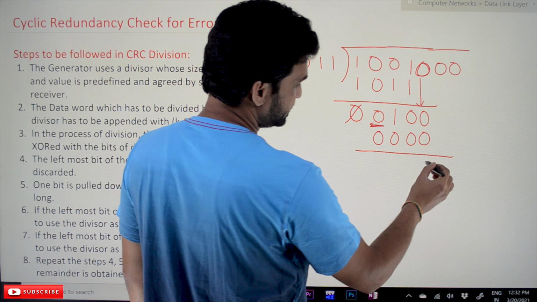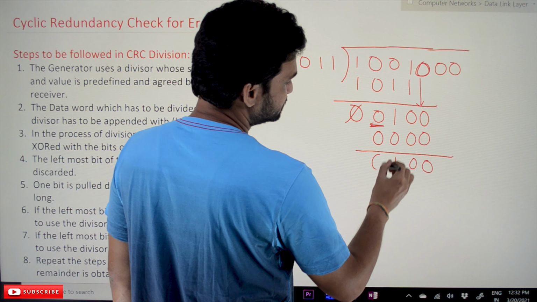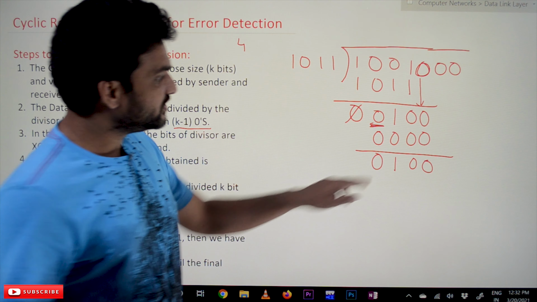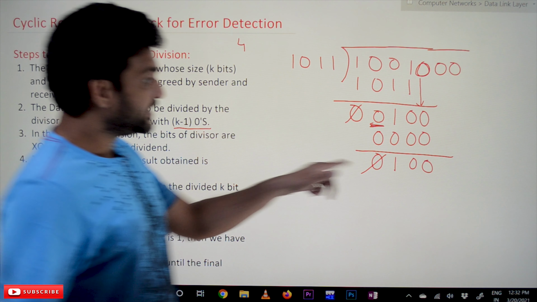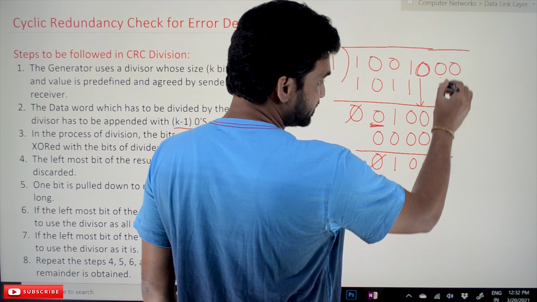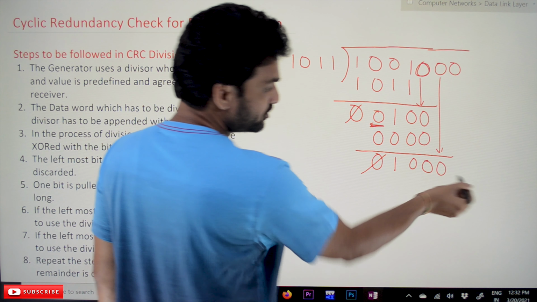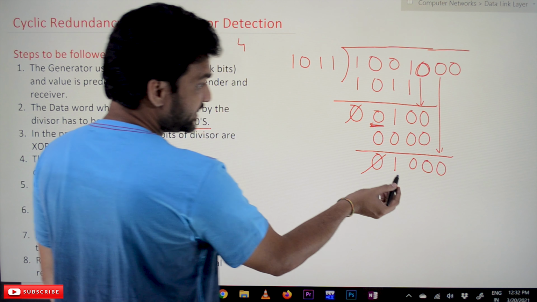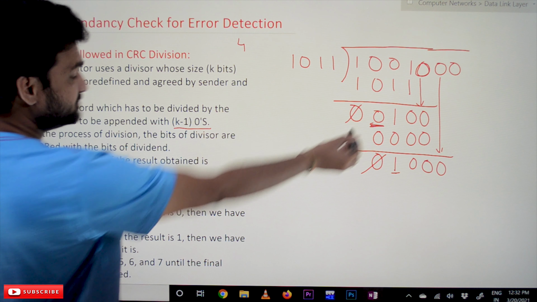The XOR operation gives 0 0 1 0. Again we discard the leftmost bit, and the same steps are repeated. Here we pull down the bit to make it 4 bits long. In this case we have seen the leftmost bit is 0.